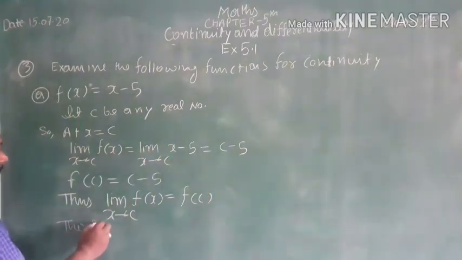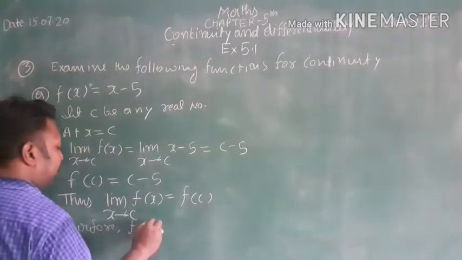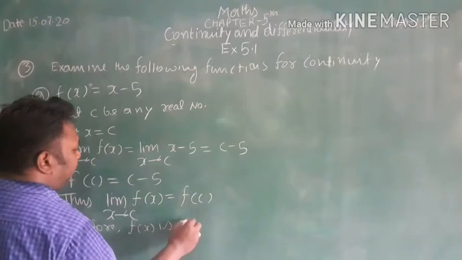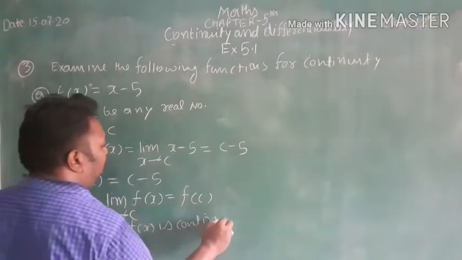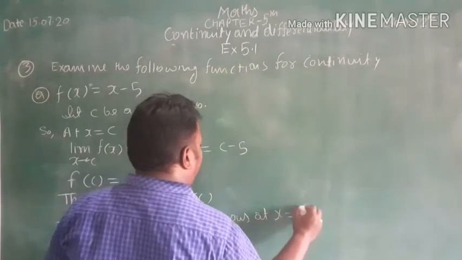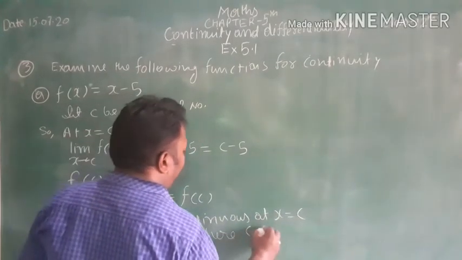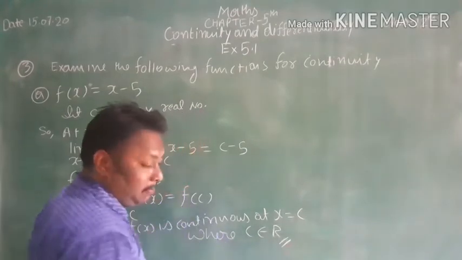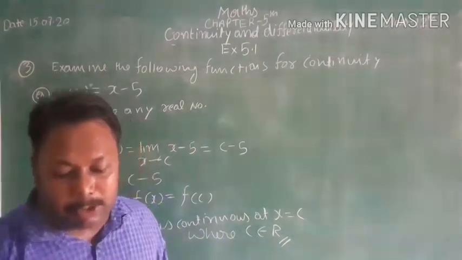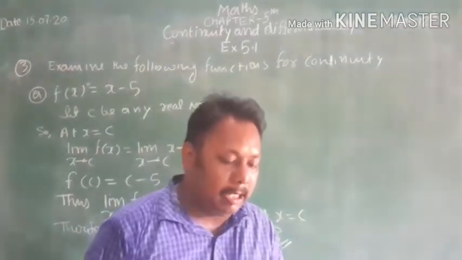Therefore, f(x) is continuous at x = C, where C belongs to real numbers. I hope you understand the procedure. Like that you solve the remaining part.